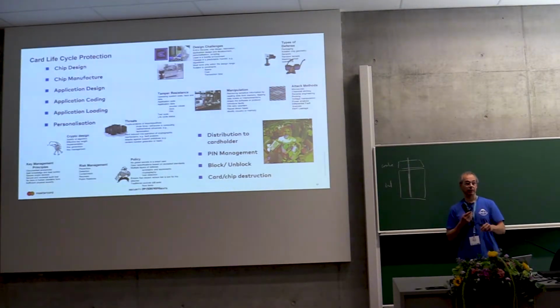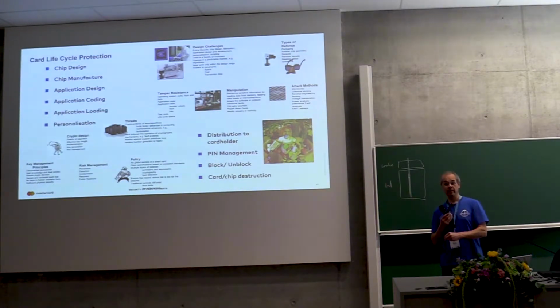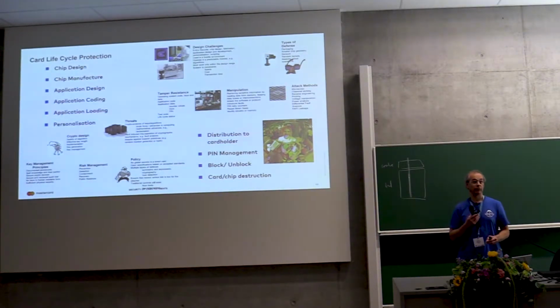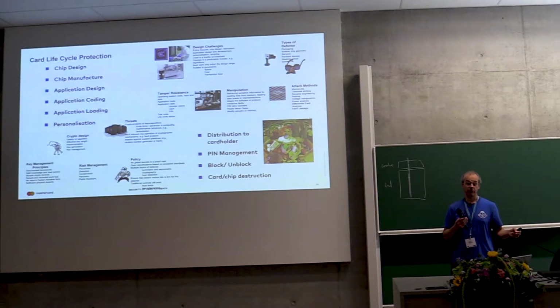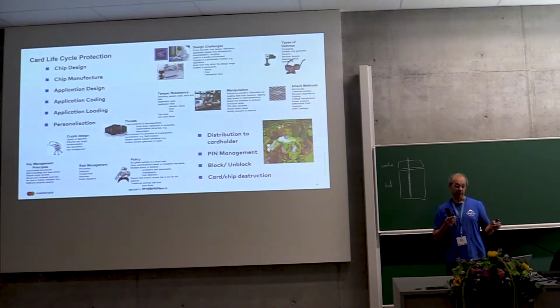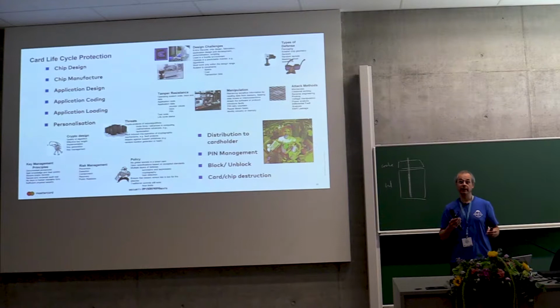I know you had a lot of information on this type of thing this morning, and you've got some more tomorrow on side channel attacks. But the whole life cycle basically of the chip, from design right the way through to issuance to the consumer. I mean, at the end of the day, the consumer just wants to buy stuff. They don't want to know about all of the security. But the security is all there in the background.